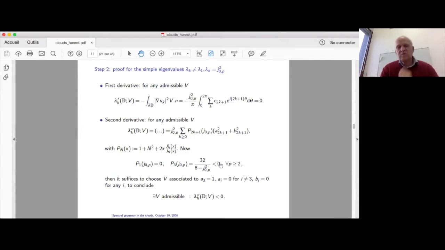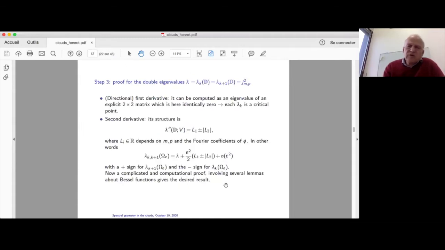So what does it mean? It means that if you perform a perturbation driven just by a3, you consider a Fourier series with just one coefficient which is not 0, which is a3. For example, you take a3 equal to 1. All the other Fourier coefficients have to be 0, and you are able to prove that the second derivative is strictly negative, proving that this shape is not a local minimum.